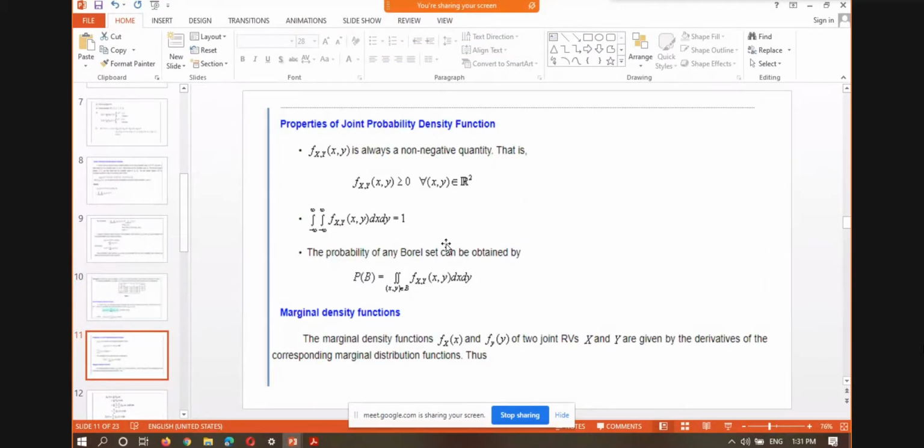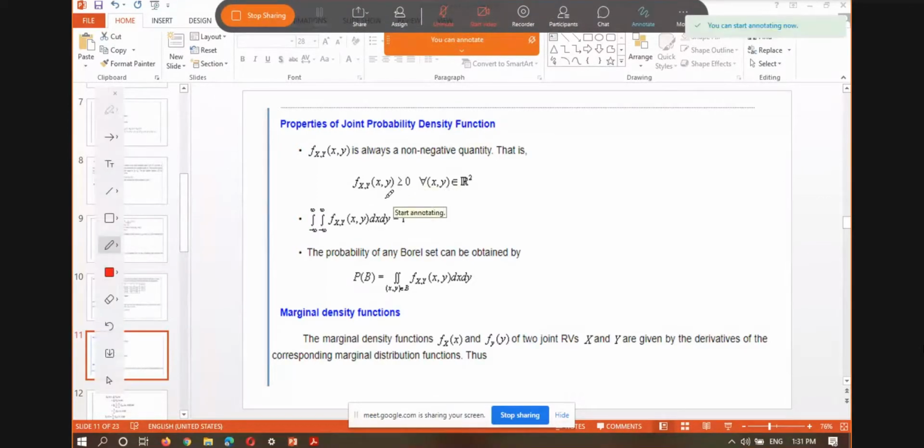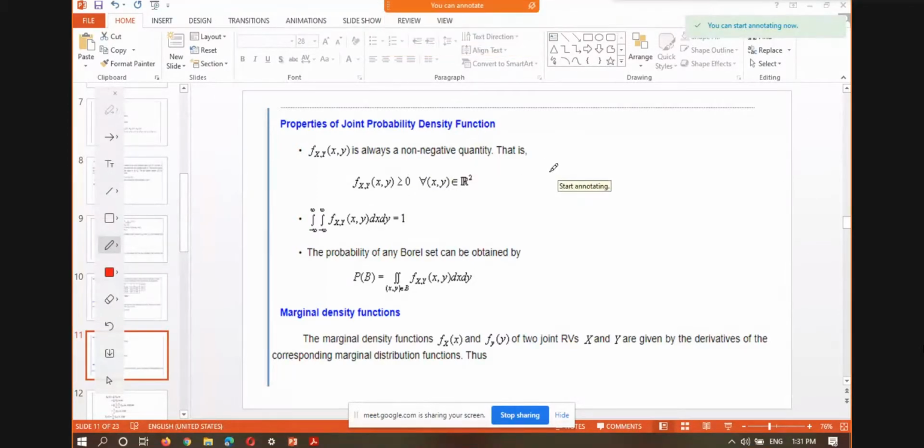Now, we have learned the joint probability mass function, and we calculate the marginal probability mass function from it. Similarly, we can calculate the marginal probability density function from the joint probability density function. First we see the properties of the joint probability density function.